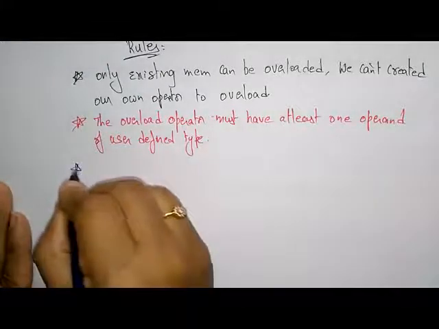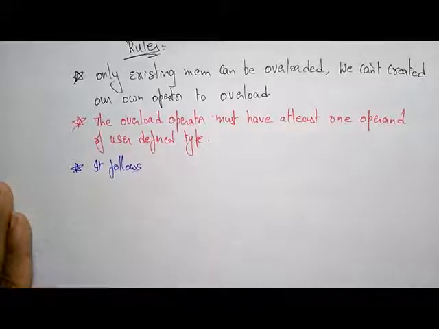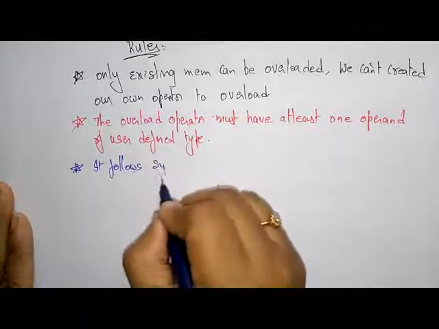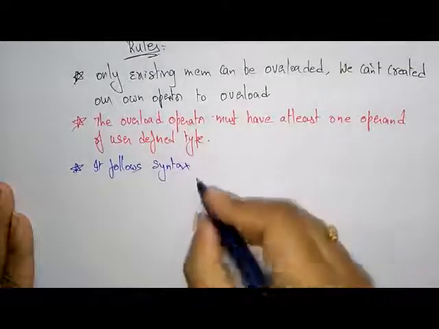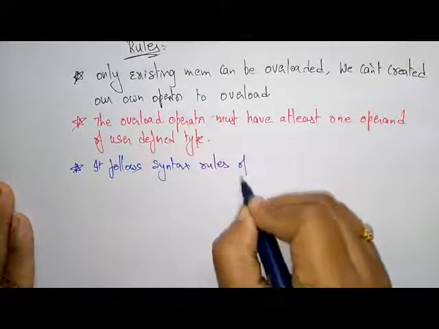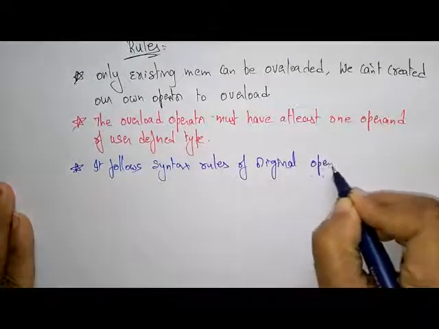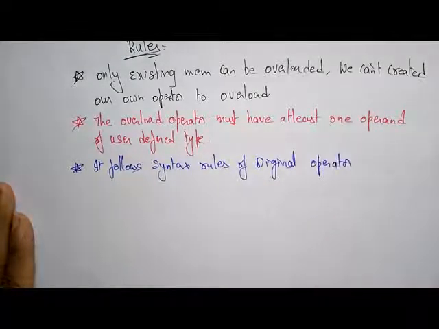Next, coming to another rule, it follows syntax. So operator overloading has to follow the syntax rules while declaring the operator. So it should follow the syntax rules of the original operator. Whatever syntax the original operator uses, that syntax has to be followed for user defined also.